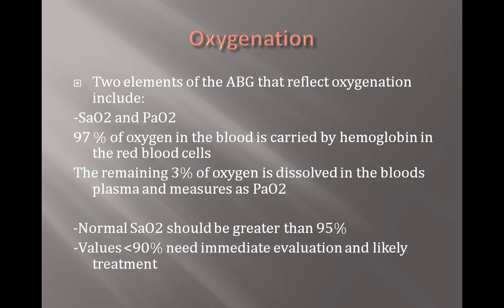Conversely, we should all feel a certain degree of trepidation when we see our SATs below 90%, with, of course, the previously mentioned exceptions. SATs below 90% are almost always an indication of hypoxemia and a need for immediate attention.